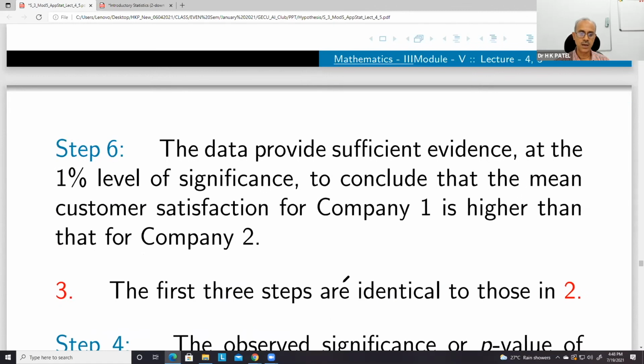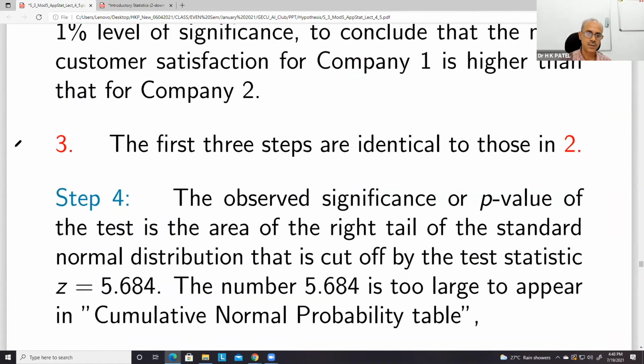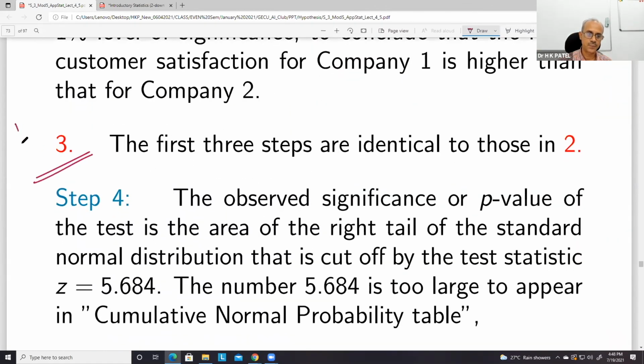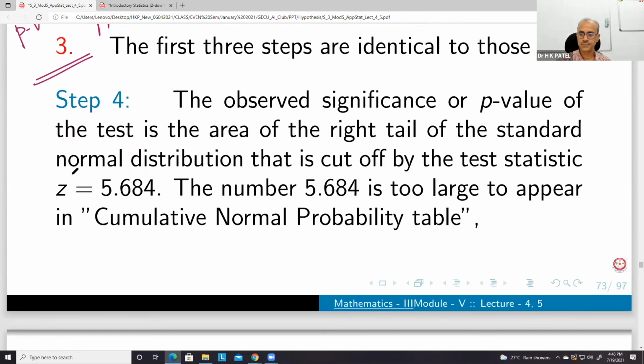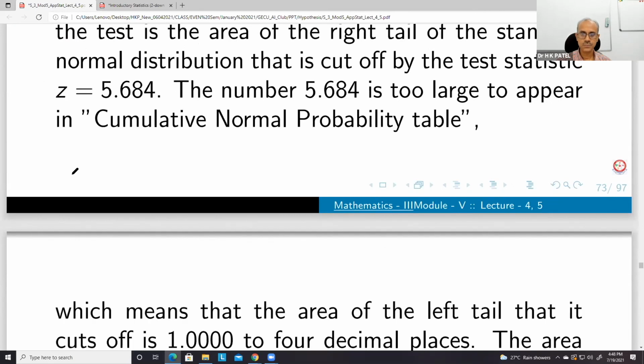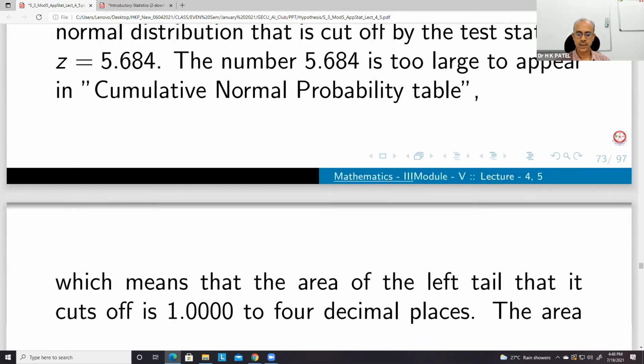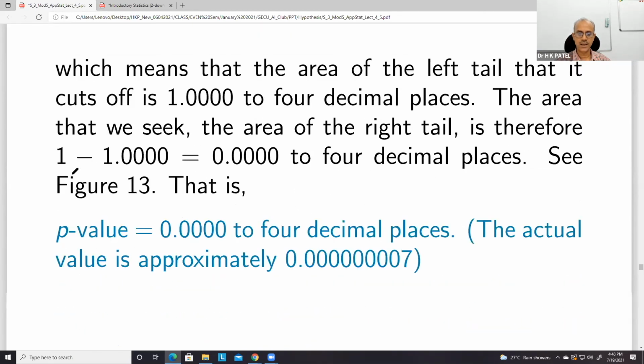All right. Now third is the P-value approach. For this, we have already calculated the Z value, and then you have to calculate the area.